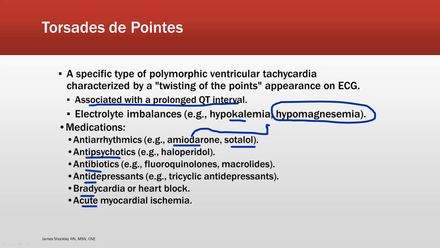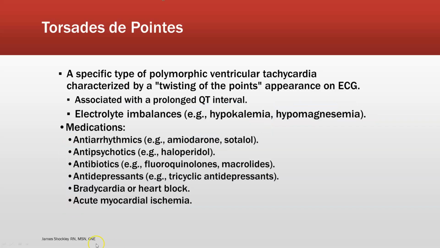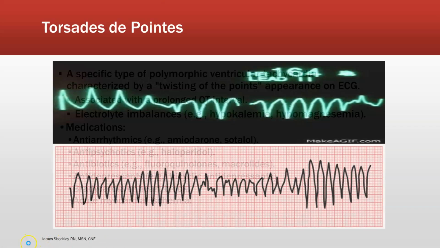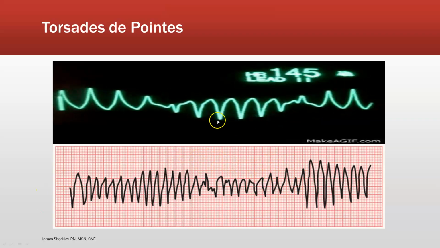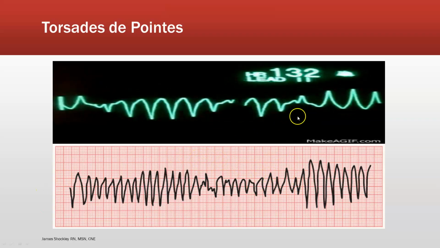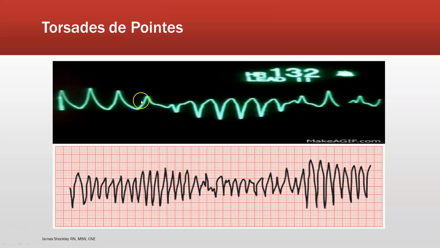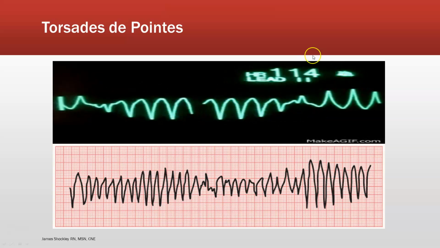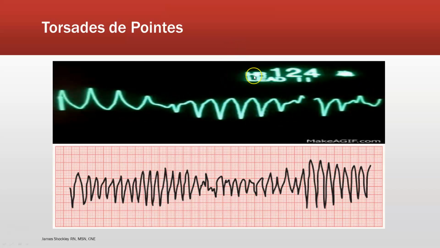What I want you to notice is that when we started off early about, oh my gosh, the QT interval and it's going to get prolonged, we listed a laundry list of all the medications that could prolong that QT interval, and that is potentially what is sending them into torsades de pointes. Here's what that would look like from a telemetry standpoint, and you see the wide, bizarre, twisty, turny, really fast tachyarrhythmia.